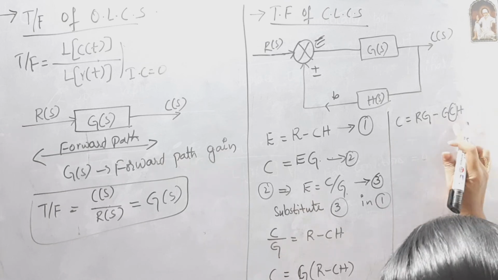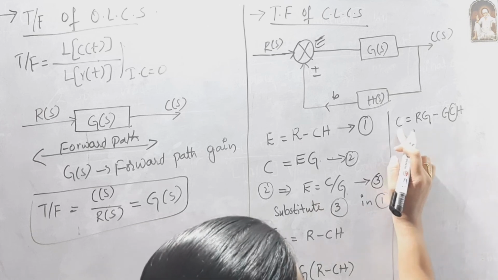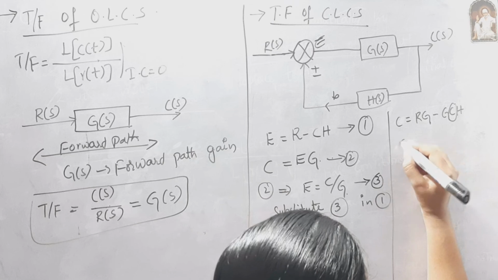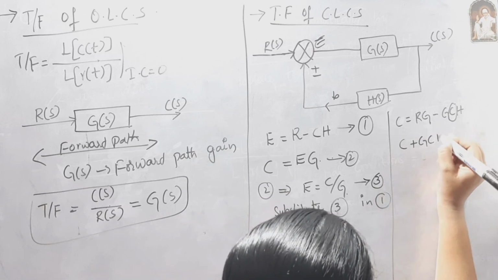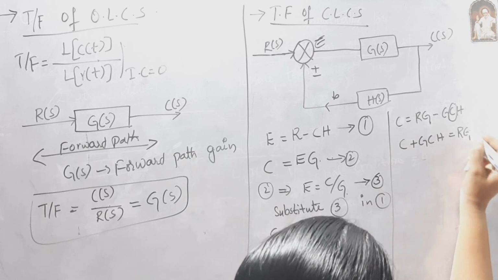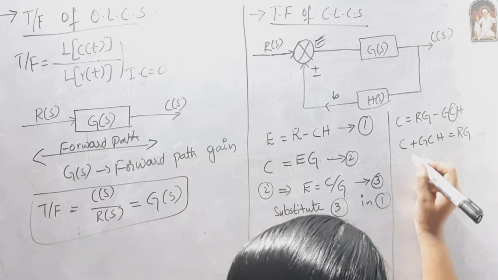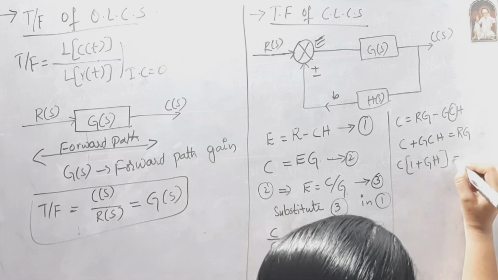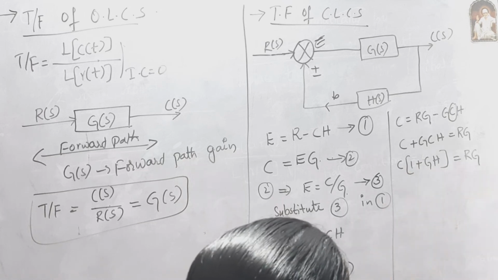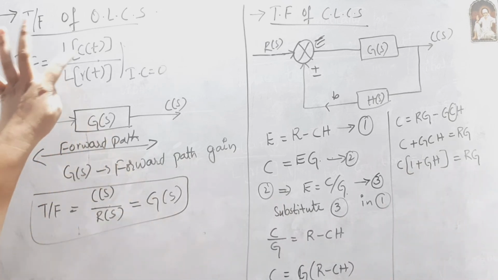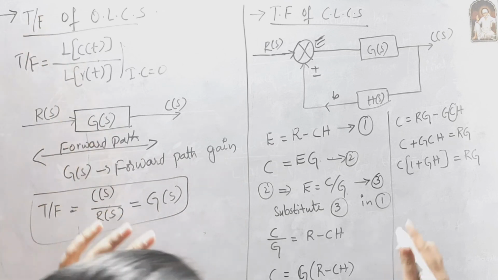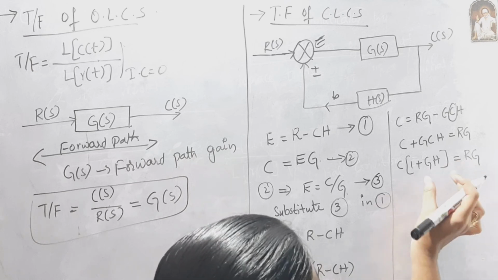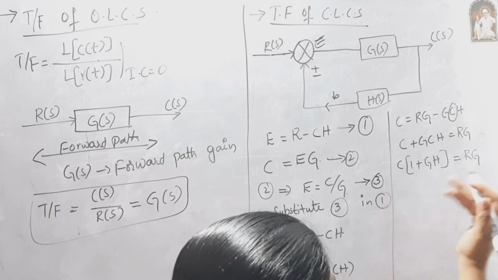Here we have the C term, the output term, on both sides. Just bring it to the left hand side. So now C plus GCH equals RG. Take C as common: C of 1 plus GH equals RG. Actually, the transfer function is in the form of output by input. Here C is output, R is input. Bring R to this side and the factor 1 plus GH to the other side.